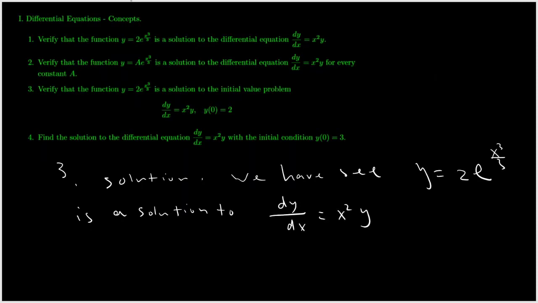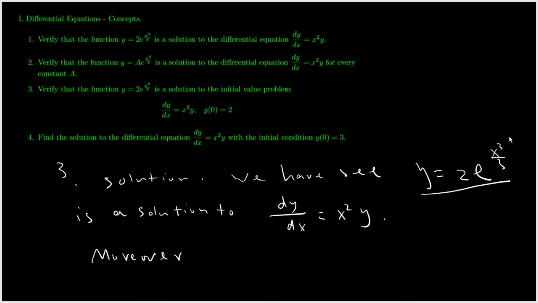So we have seen that in question 1 and question 2. Now all we need is to verify the initial condition is satisfied. Moreover, we want to compute the value of the function when x is equal to 0.